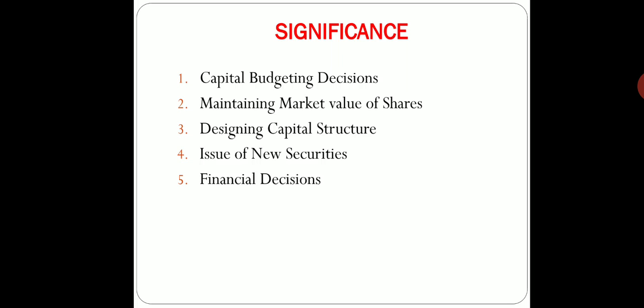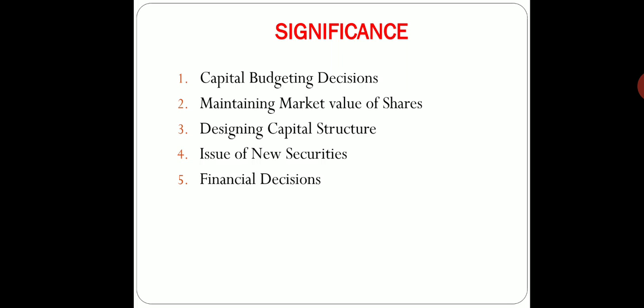So in the design of capital structure, cost of capital will be helpful, because the company is going to select the capital which yields the minimum cost and gives the maximum return.